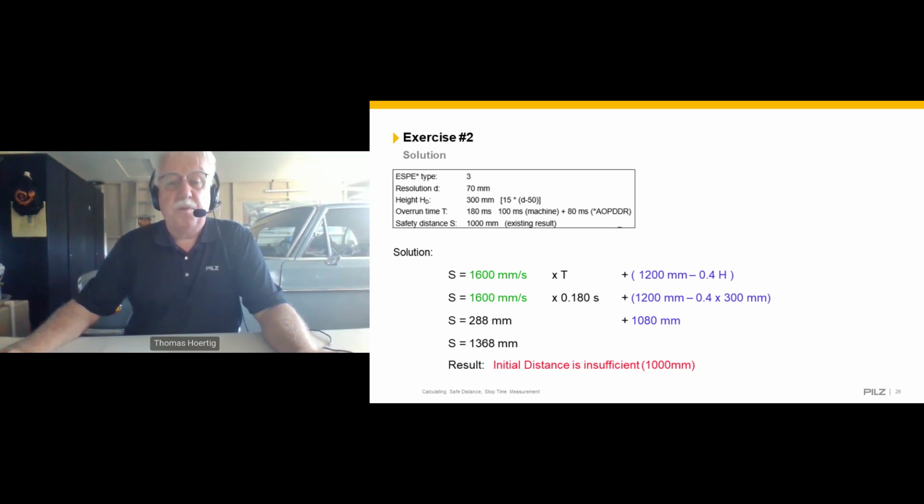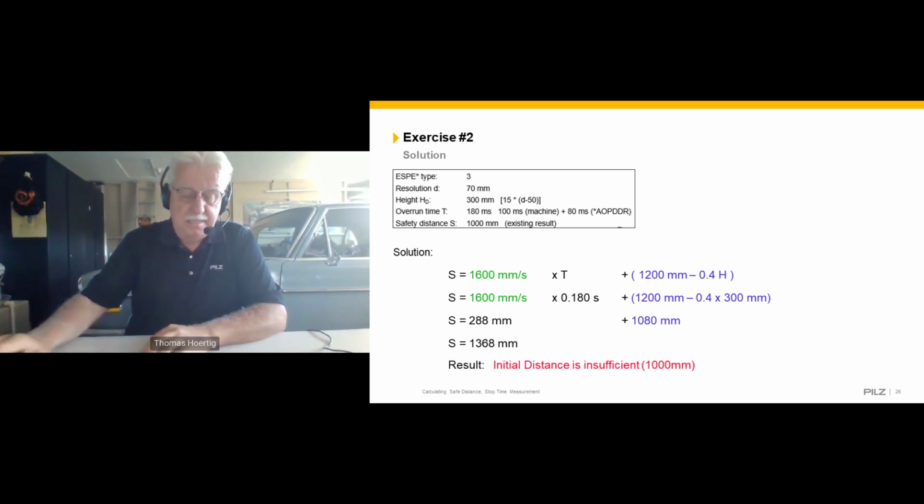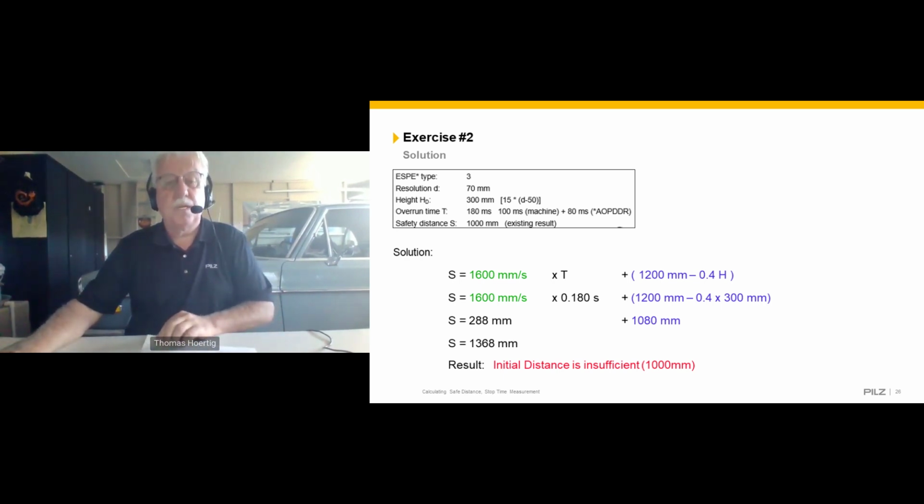The height was 300 millimeters. Then here we have the 288 millimeters plus the 1,080. We add those up, and we're looking at 1,368 millimeters per calculation. Initially, we had 1,000, so that distance was also not sufficient, as we see right there.